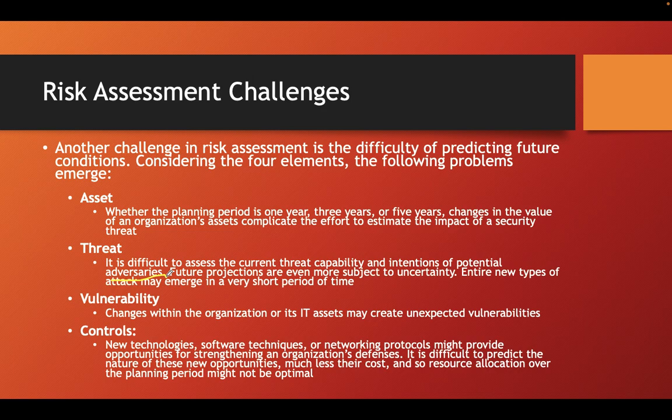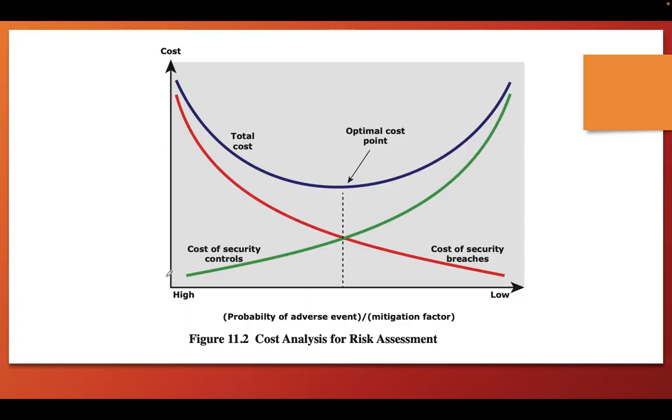Also, resource allocations over the planning period might not be optimal. So all of this that you bring in might have cost implications, and might not be optimal in achieving your security goals.